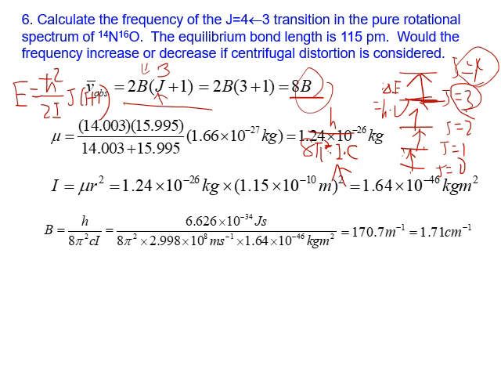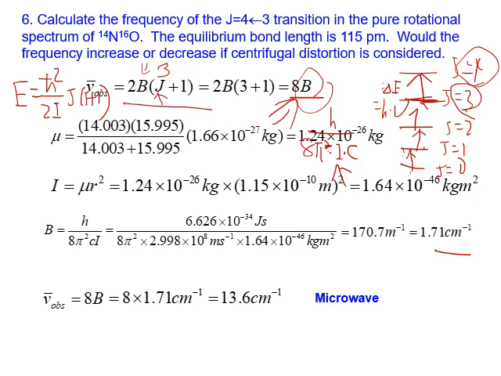B's unit here is inverse centimeter. Then go to this equation, 8 times B. That gives you 13.6 inverse centimeter, and this is in the microwave range for rotation.